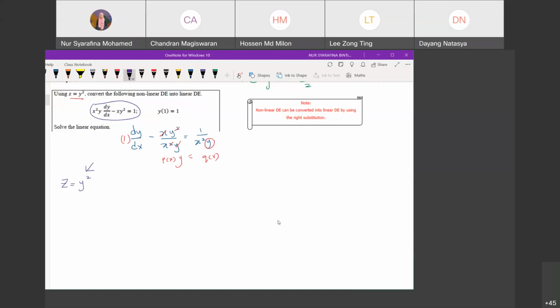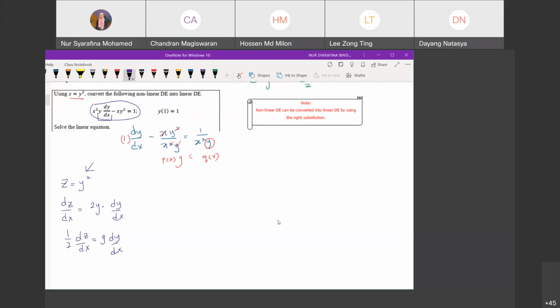So we have to differentiate the expression here with respect to x. So by implicit differentiation, we have 1 over 2 dz dx equals y dy dx.